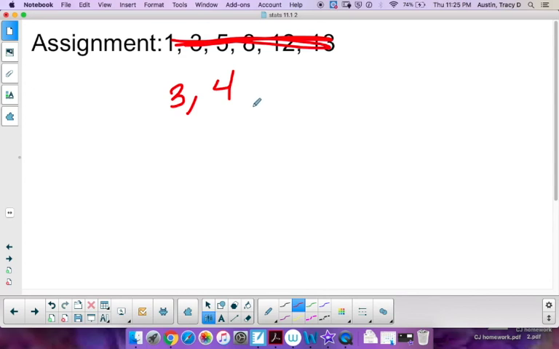And then you're going to do 5 C and D, 6 C and D, and you can tack these with the other problems that you've been doing, so you can get them back in there. And then I want you to do number 12, so don't worry about 13. So 3, 4, 5 C and D, 6 C and D, and number 12. And this will be your second set of chapter homework for this section.